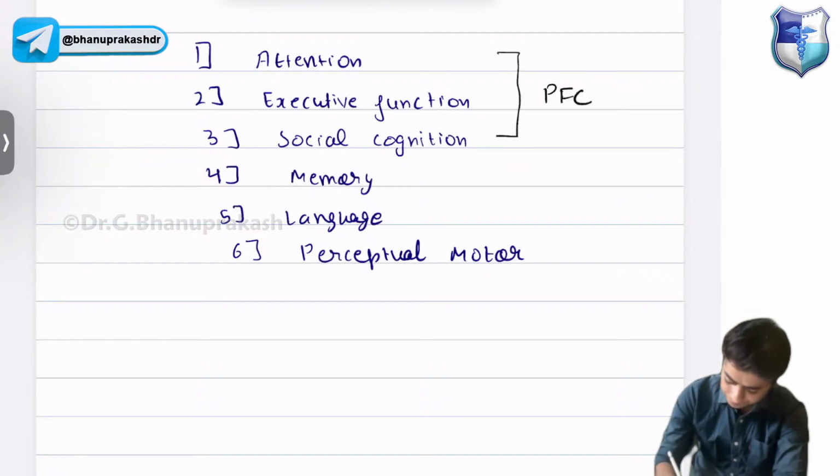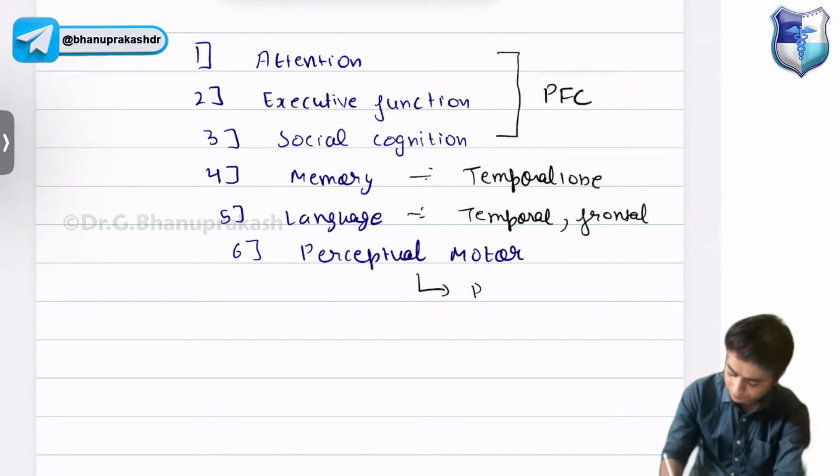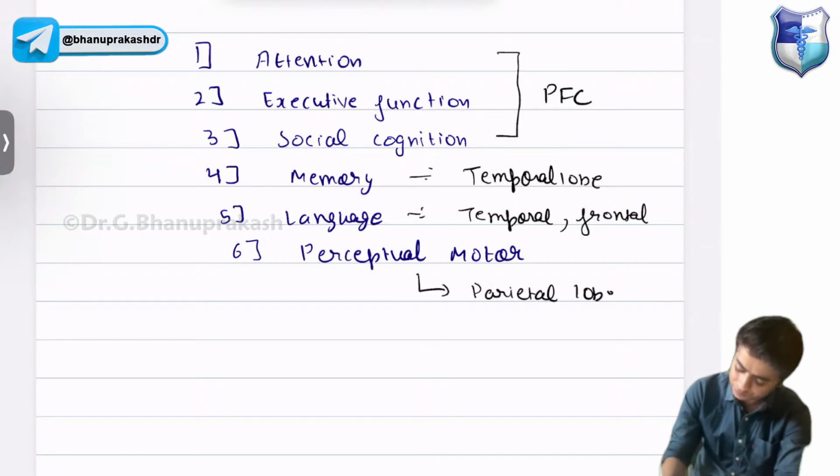When it comes to memory, it is mostly the temporal lobe. Language is by temporal as well as frontal, and perceptual motor is about the parietal lobe.